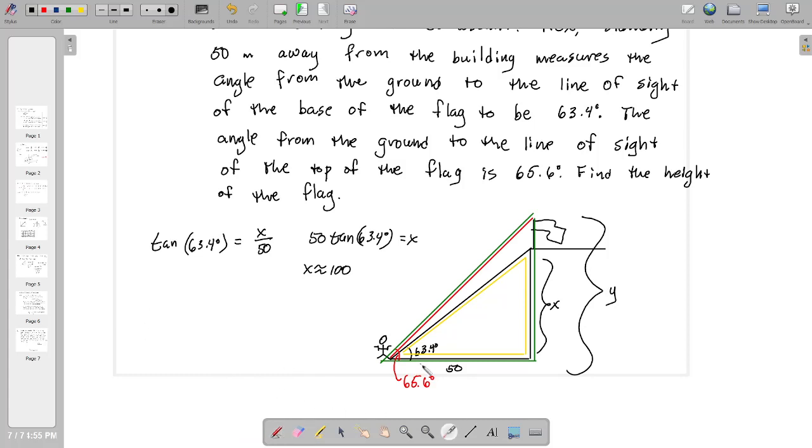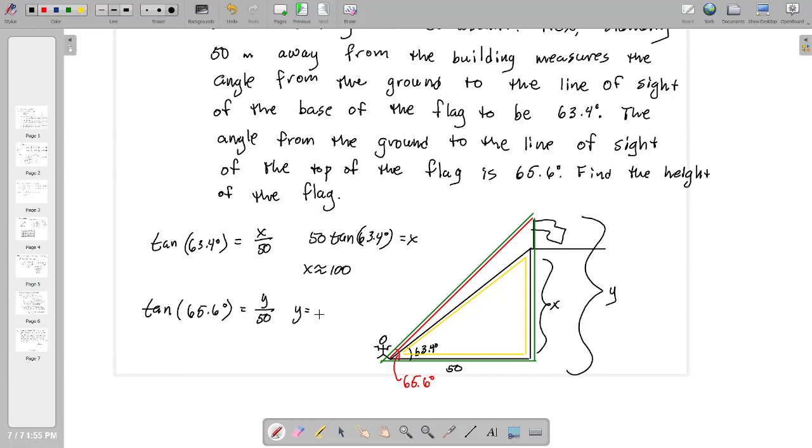Again, we're looking for the ratio of this angle, the height of the green, and this length of the green. The length of the green is 50. And the ratio will be opposite and adjacent. So again, it's tangent. Tangent of 65.6 degrees will equal y divided by 50.